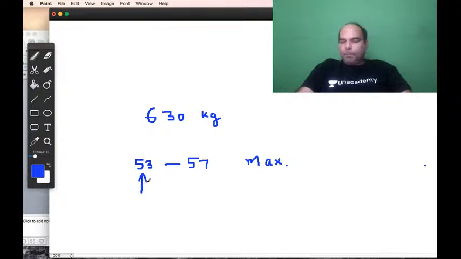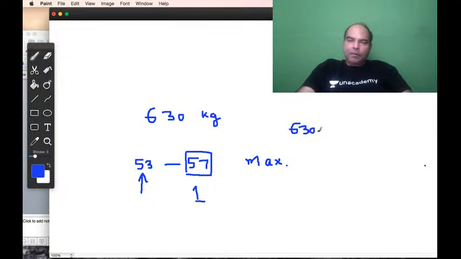But because the question says that there are people between 53 to 57 kgs, you'll have to take one 57 kg person. So when you take one 57 kg person, the weight capacity left in the lift is 630 minus 57, which is 573.